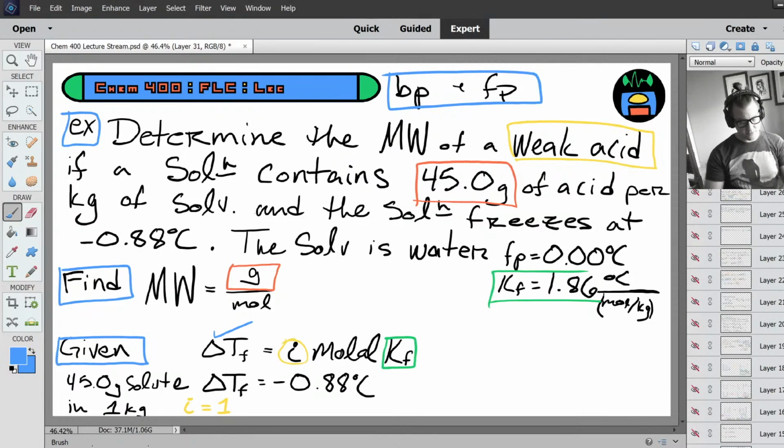All right? And we know our change in freezing point. So this equation allows us to solve for molality. What does molality give us?